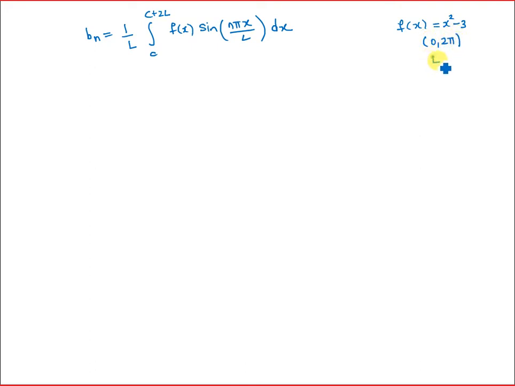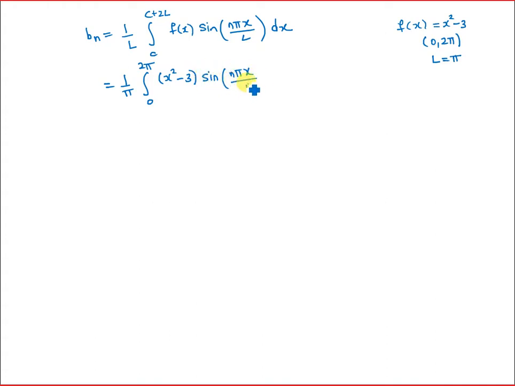So substitute it here: 1 over pi, 0 to 2 pi, (x square minus 3) sine n pi x over pi dx.